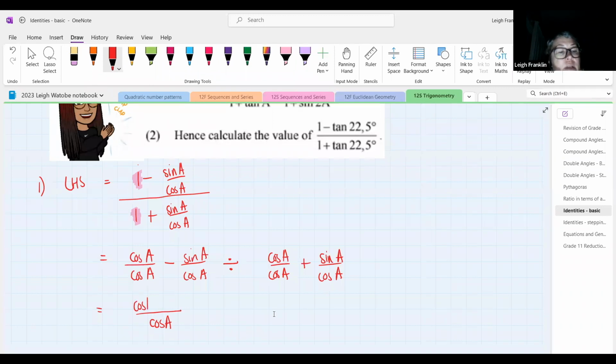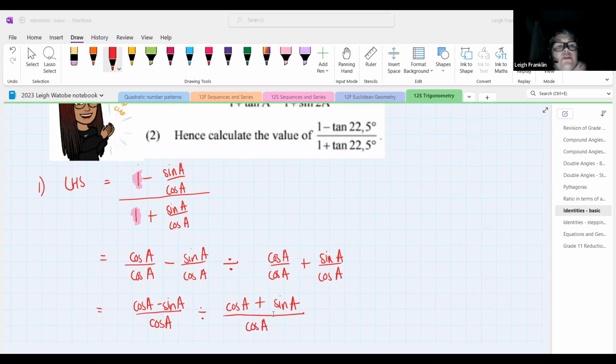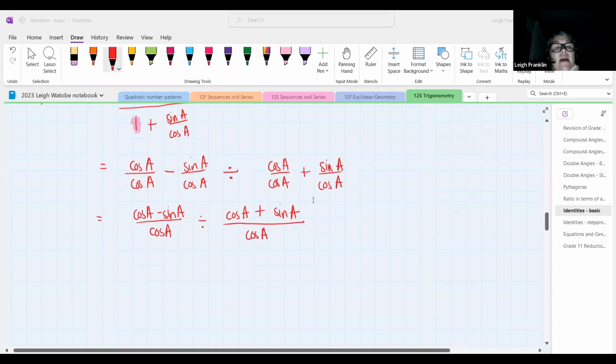So I'm going to say cos A minus sine A, divided by, I'm going to do the same thing over here, cos A plus sine A over, and I'm going to keep my denominator cos A. Okay, how do we divide fractions? Do you remember what to do with fractions?